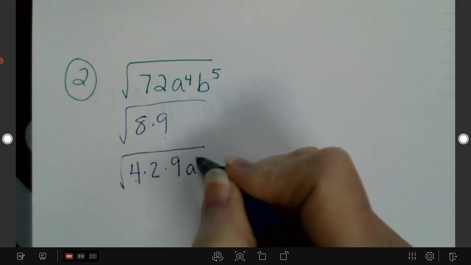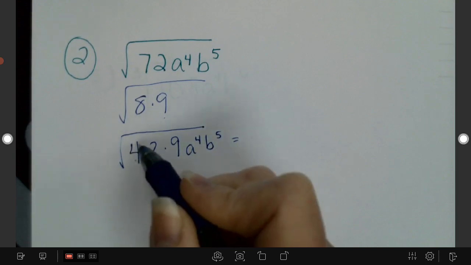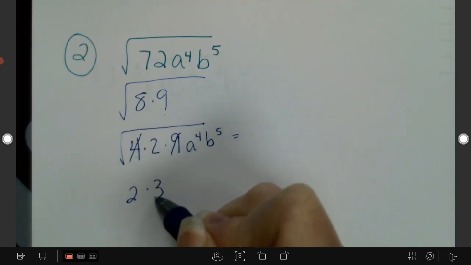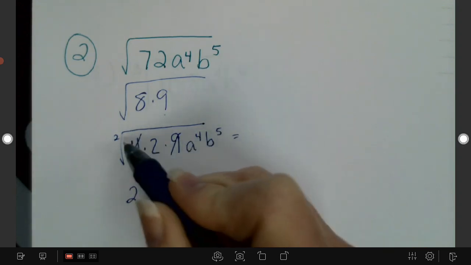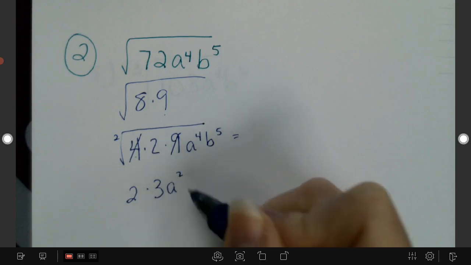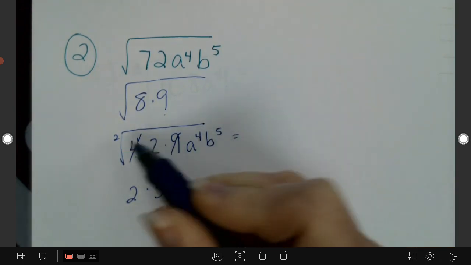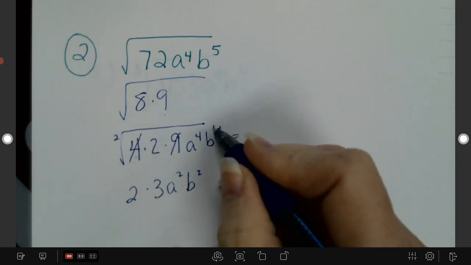And you don't have to break it down all the way if you don't want to. I'm just going to write my variables so I don't forget them. So here's the quick way to do this. Square root of 4 is 2. Square root of 9 is 3. Remember, this is a 2. 4 divided by 2 is 2 with nothing left over. And 5 divided by 2 is 2 with one of them left.